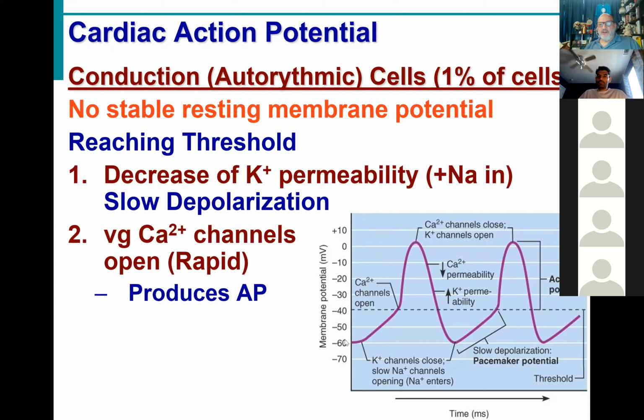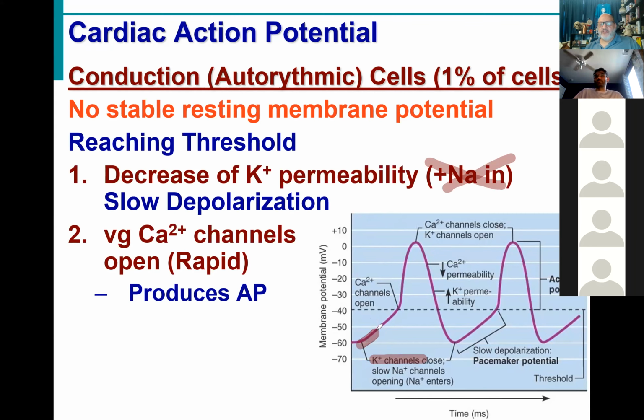Here, they started it already under threshold. So notice we are getting a slow depolarization, and that slow depolarization is occurring because potassium channels are closing. Don't worry about sodium. We'll talk about sodium in a second. Ignore sodium for right now.